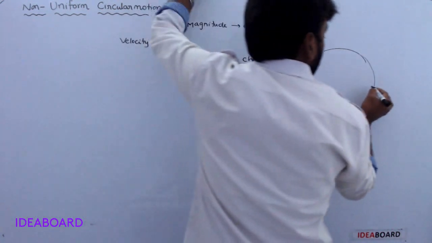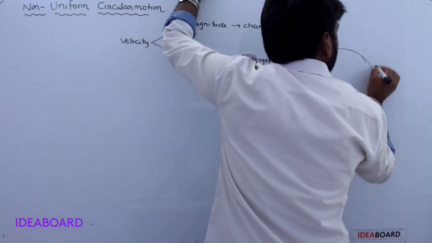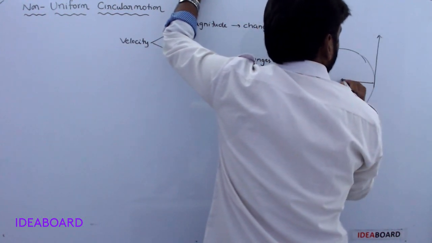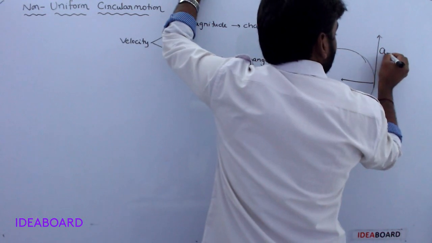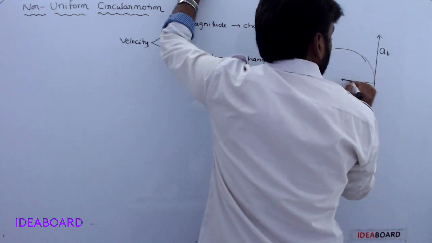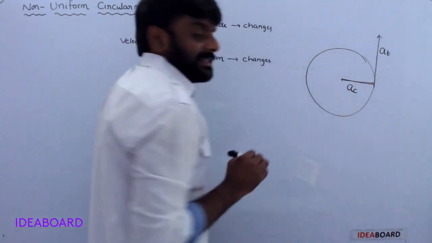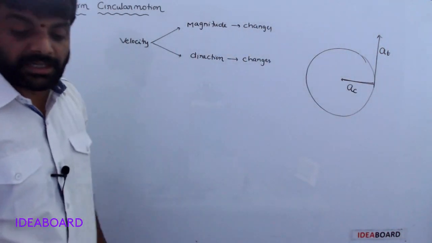Now due to the change in magnitude, the acceleration developed is tangential acceleration. Due to the change in direction, the acceleration developed is centripetal acceleration or radial acceleration.